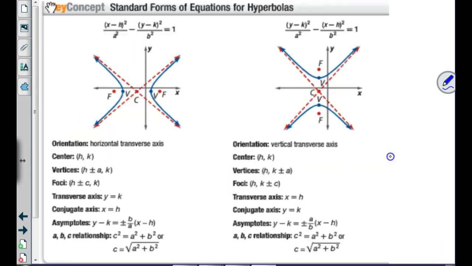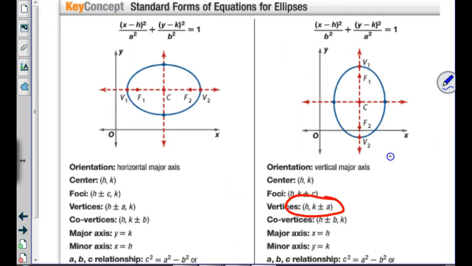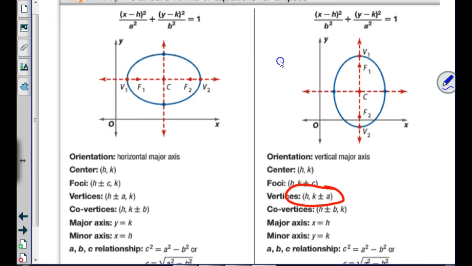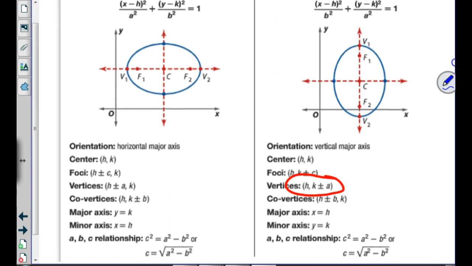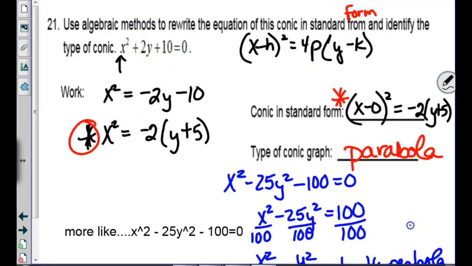All right, for foci, we need C, and C is not the same definition for an ellipse and a hyperbola, so please use your reference sheet carefully. When you have an ellipse, C is a squared minus b squared.